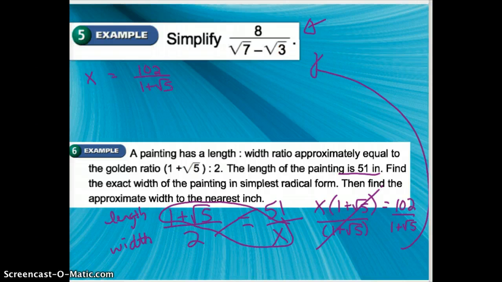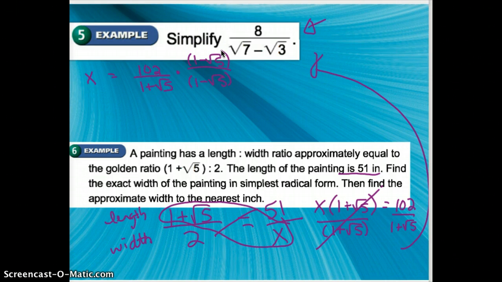Okay, I should not say a great answer. It's an okay answer, but this asks you to find it in simplest radical form. So the problem I have here is there's a radical in the denominator, so I want to get rid of that. So I'm going to multiply by the conjugate here. So I'm going to multiply by 1 minus root 5 over 1 minus root 5.